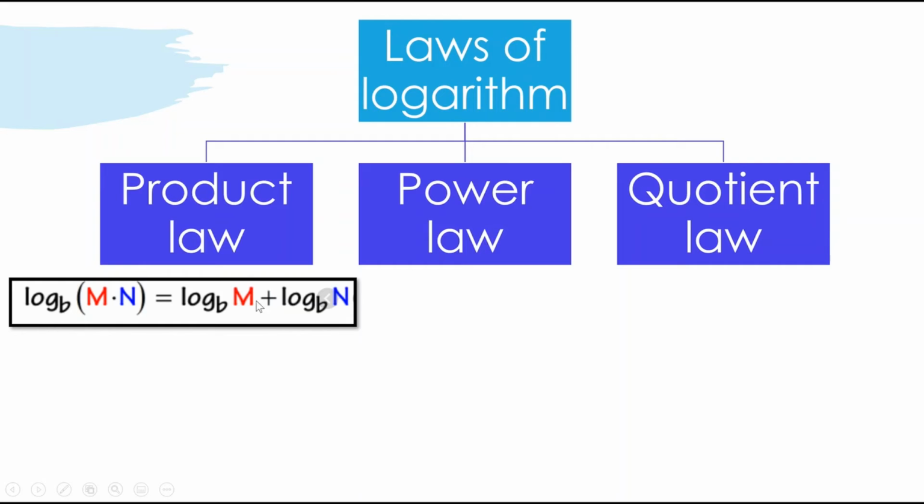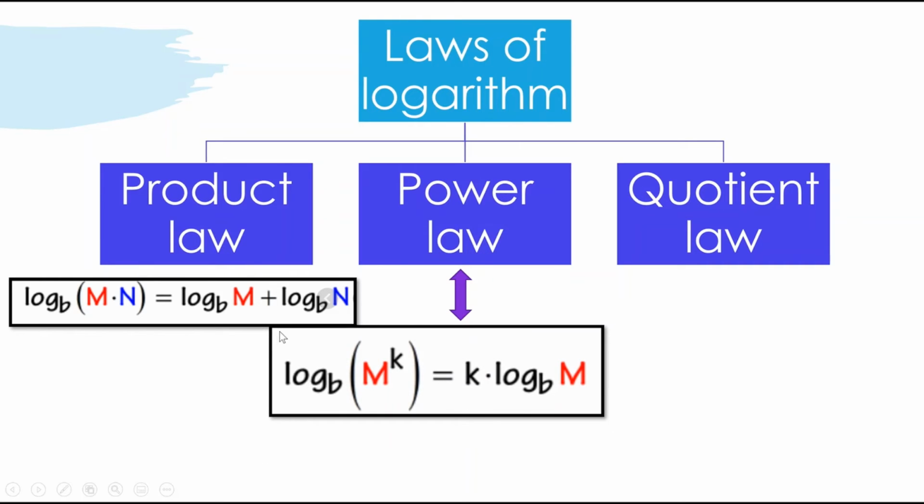So if you can see, the base has to be the same across the right hand side and the left hand side. Okay, so this is the product law. We will see it through with an example. And the power law, this is the second category of laws of logarithm, which we can write as log of m to the power k.